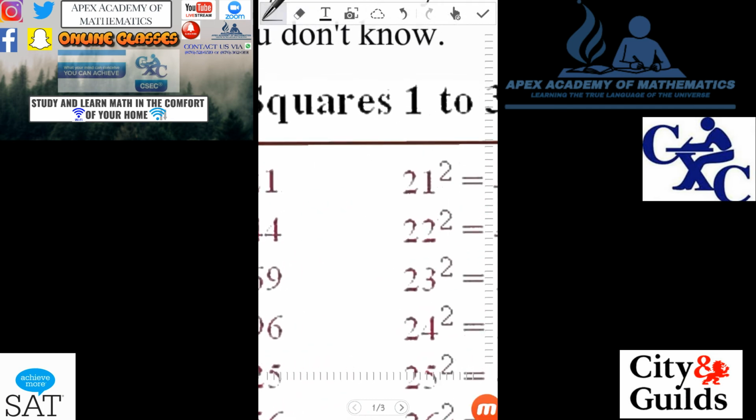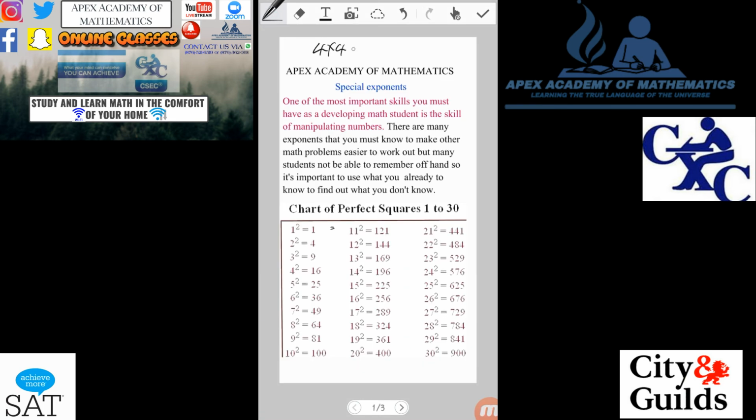So we have 4 times 4 is equal to 16, and 16 squared is equal to 256. So if 4 times 4 is 16 and I square the 16, it means that I would have to square the 4 times 4. Yes?